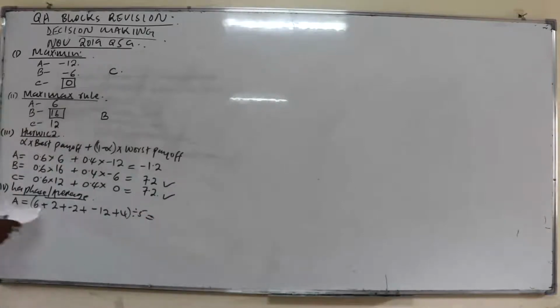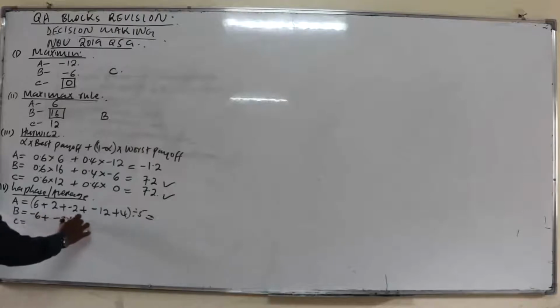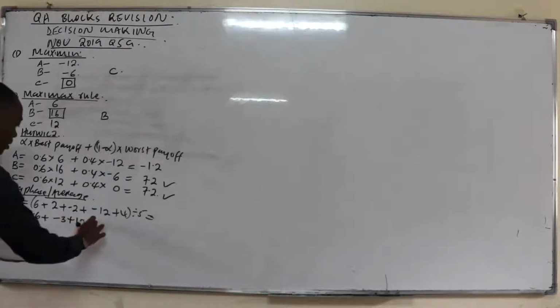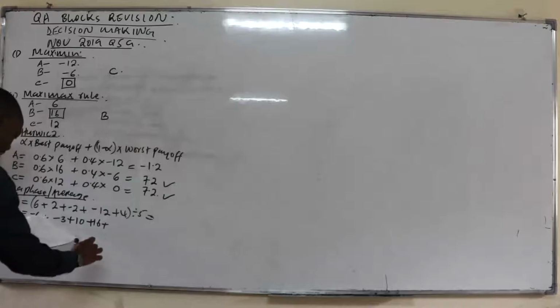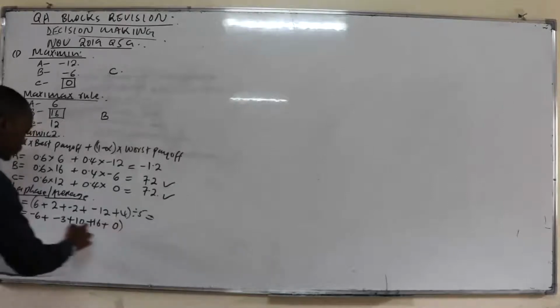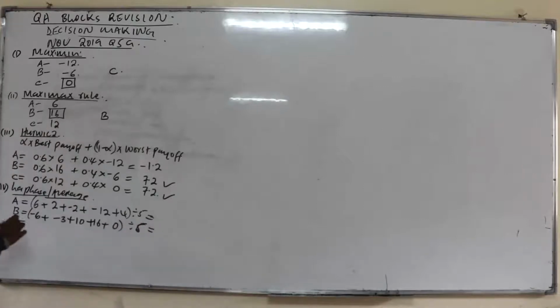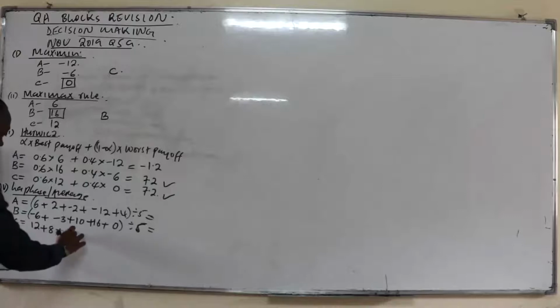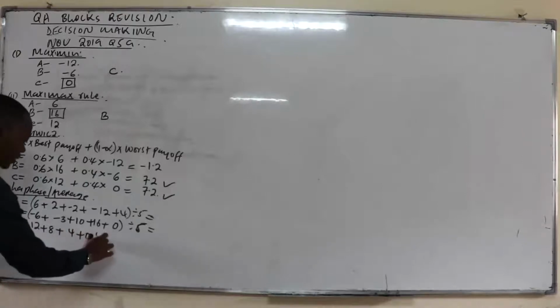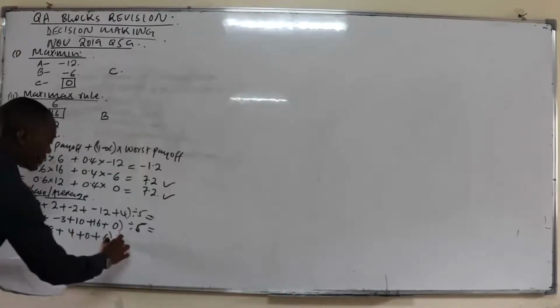And then for B, it's minus 6, minus 3, plus 10. You divide by 5. And then for C, we have 12. You add 8, 4, 0, 6. And then you divide by 5.